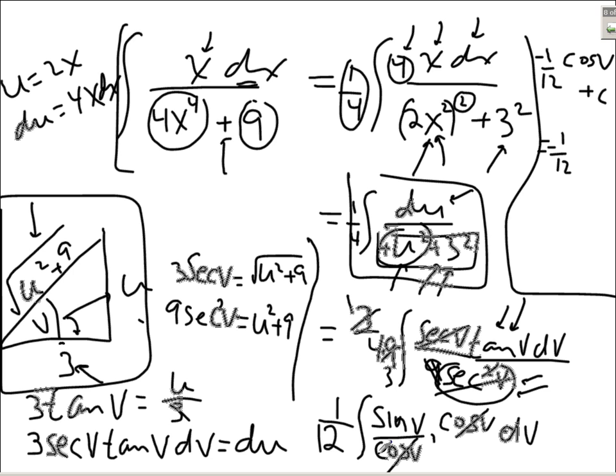So that's the last thing I'll state. It's negative 1 over 4 times the square root of 4x squared plus 9. And due to lack of space, I didn't write plus c. But there's your answer.